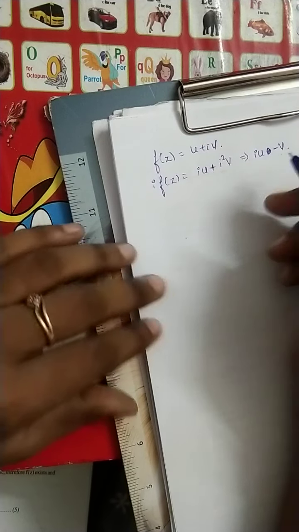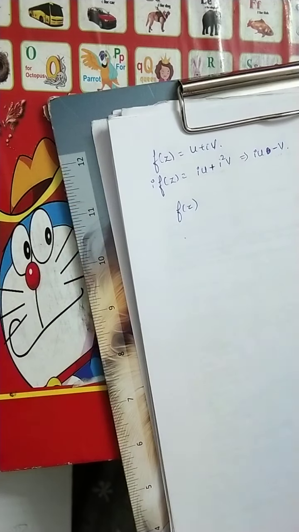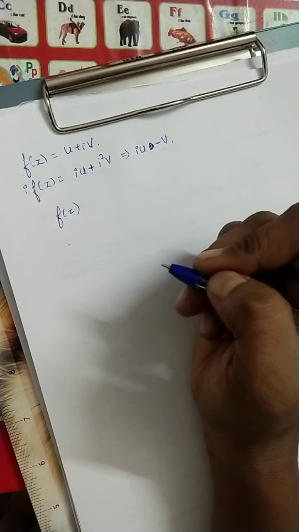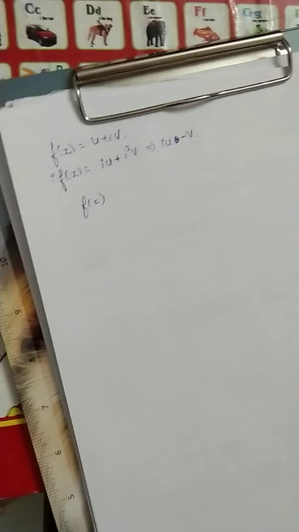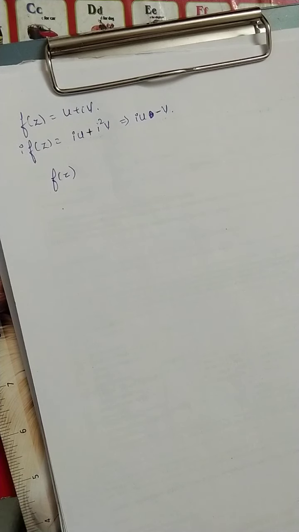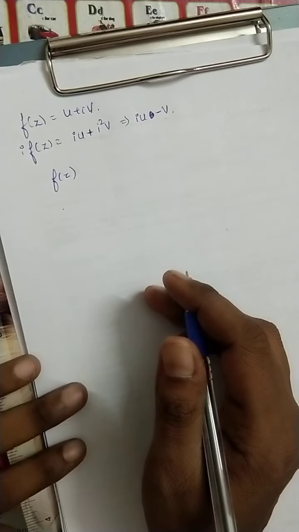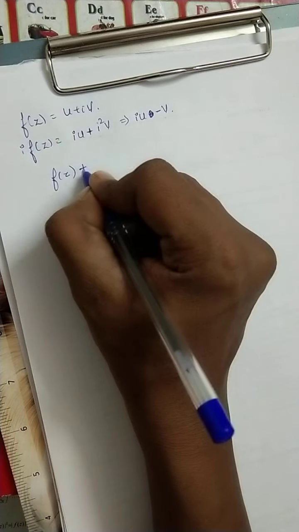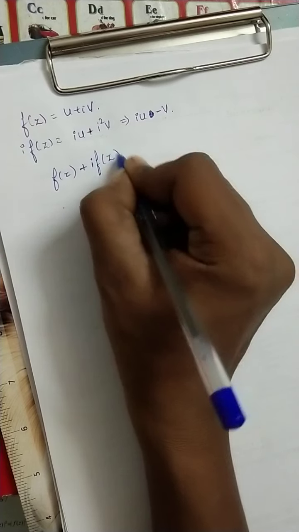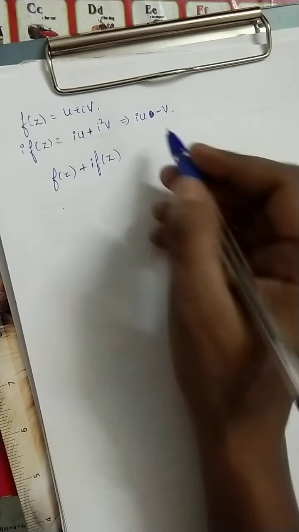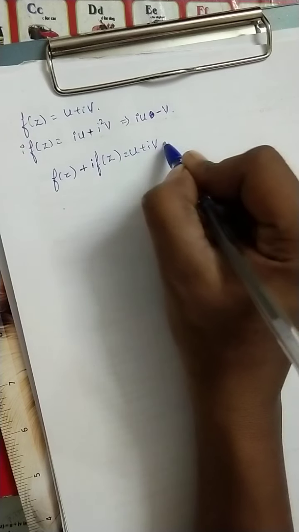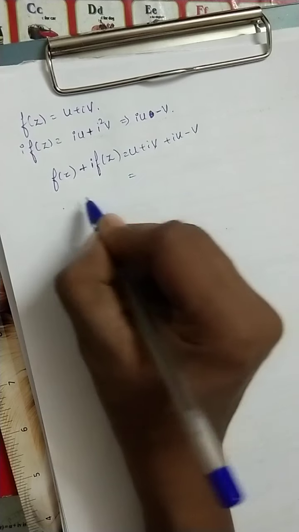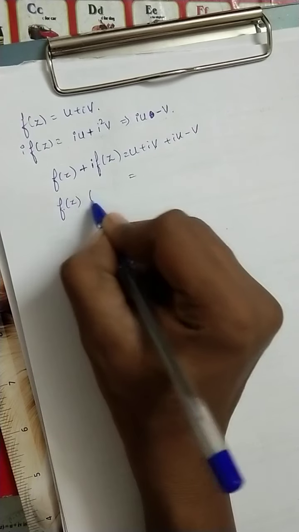Okay, so when you add f of z with f of iz, you will get u plus iv plus iu minus v. Okay, now if you take f of z common, you will get 1 plus i.